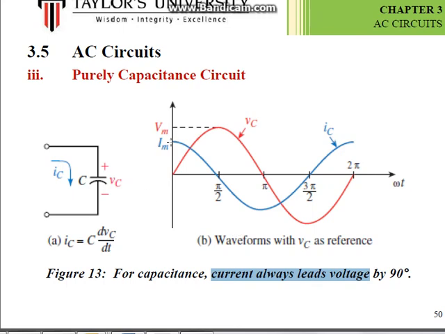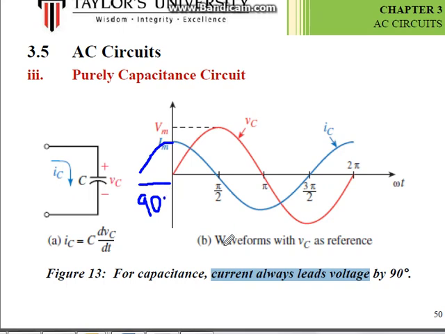So if you look at it over here, just like I mentioned earlier, if I actually just draw it out over here, this is where it starts. My current actually starts earlier than my voltage, therefore my current actually leads my voltage. And by how much? If it's a purely capacitance circuit, it always goes by 90 degree. That's just how the behavior goes.